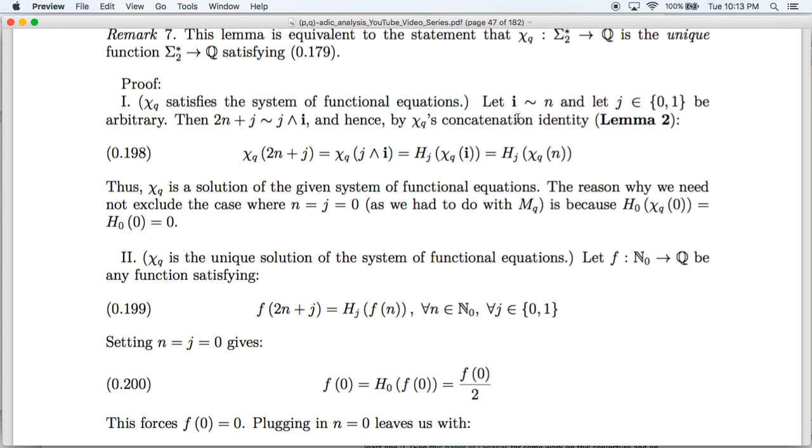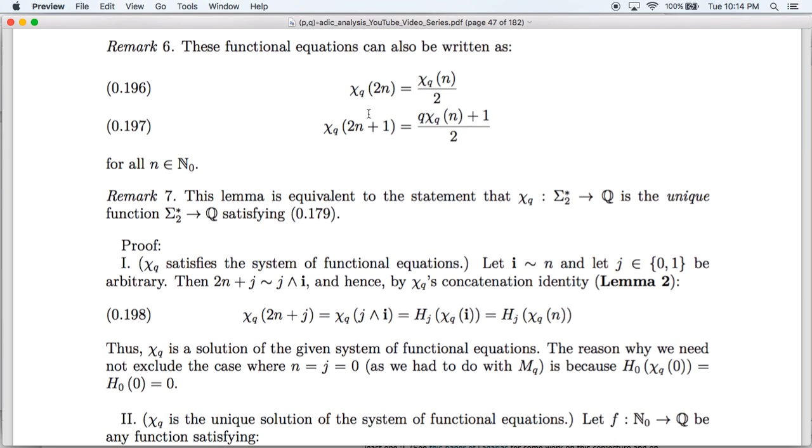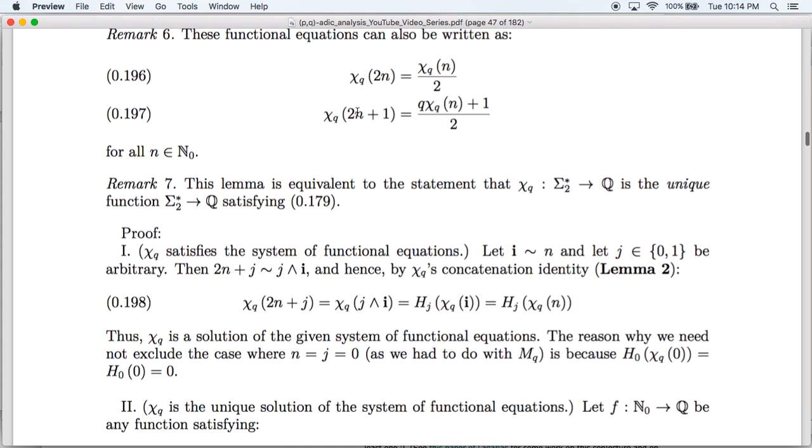Then 2n plus j is represented by j wedge bold I, and so by the concatenation identity, chi-q of 2n plus j is equal to chi-q of j wedge bold I is equal to hj of chi-q of bold I is equal to hj of chi-q of n. Thus, since n and j were arbitrary, this shows that chi-q solves these functional equations right here.